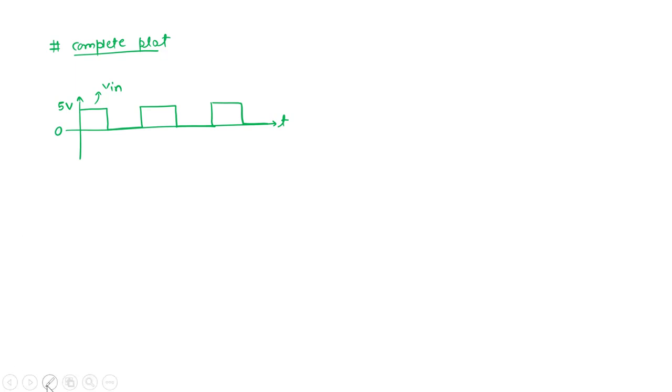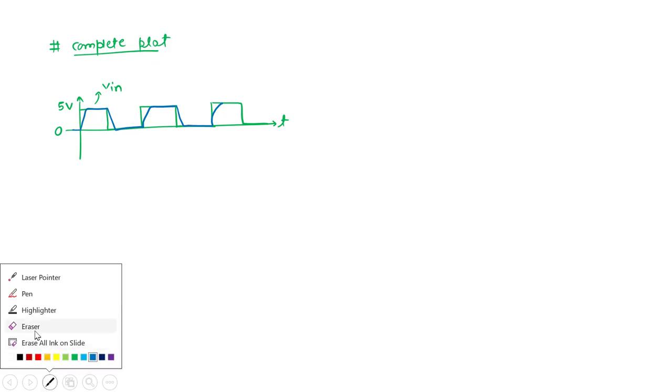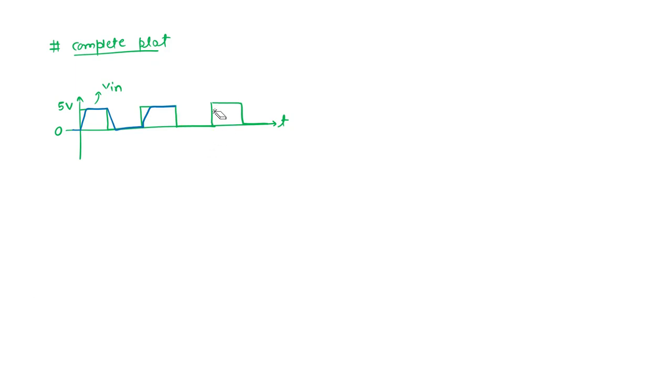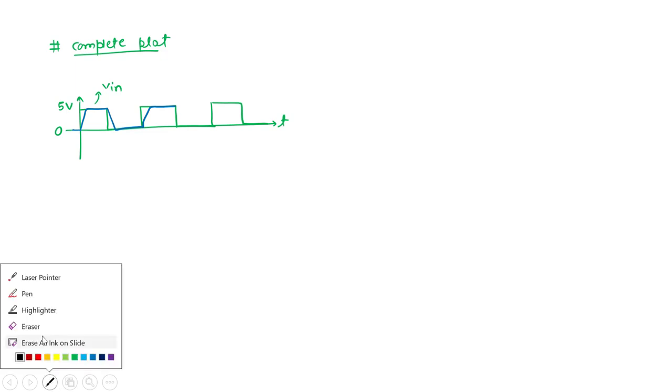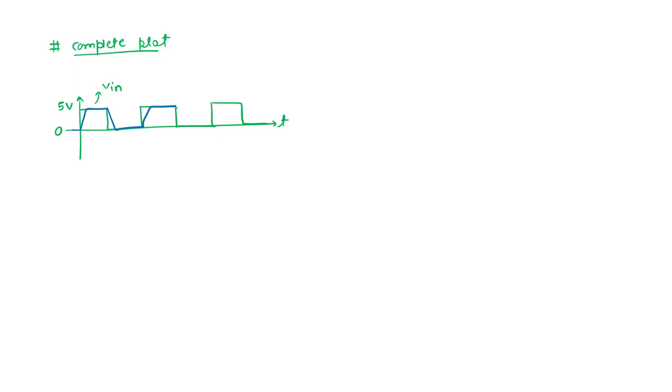What about the output? The output voltage, or the capacitor voltage, goes from 0 to 5 volt, then 0, 5 volt, again 0. Sorry, it is drawn incorrectly. Yes, so it is to 0, then to 5, then to 0. Actually it is happening in a very short time.